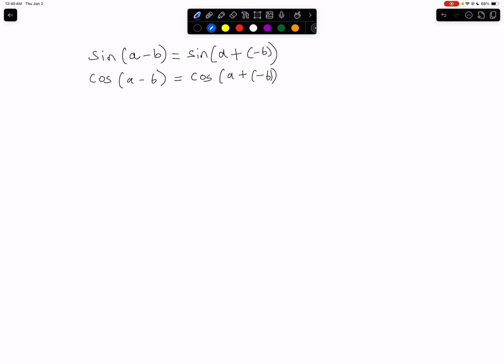Just to recall, even is when we have some function f of x, f of negative x equals f of x. An odd function is f of negative x equals negative f of x. And of course, these analytic definitions can be seen graphically.